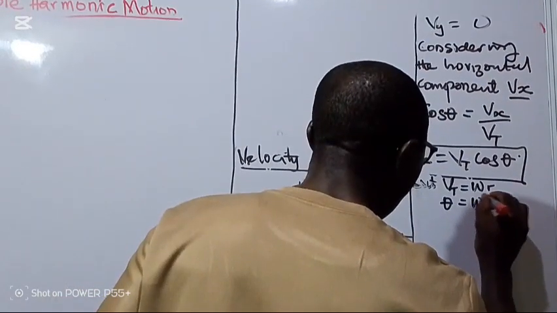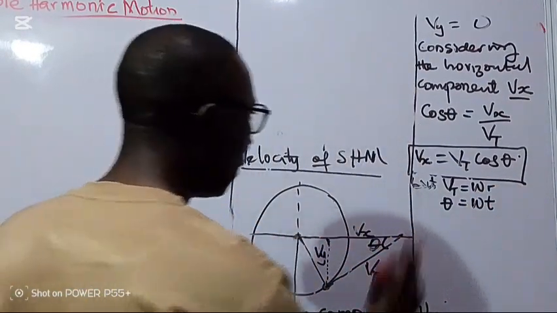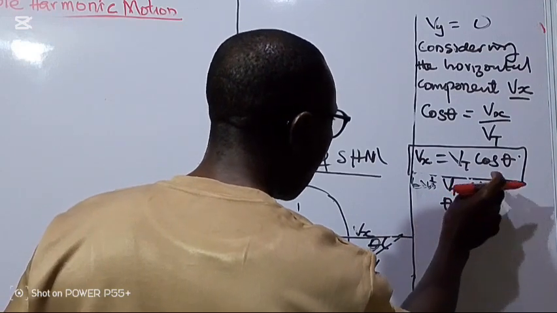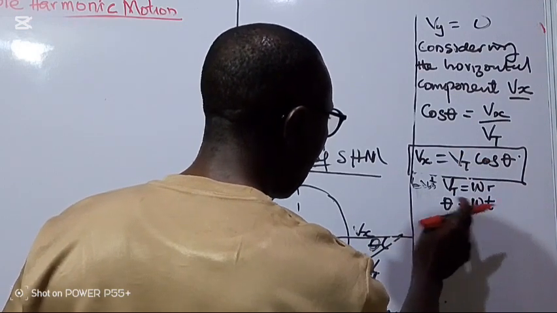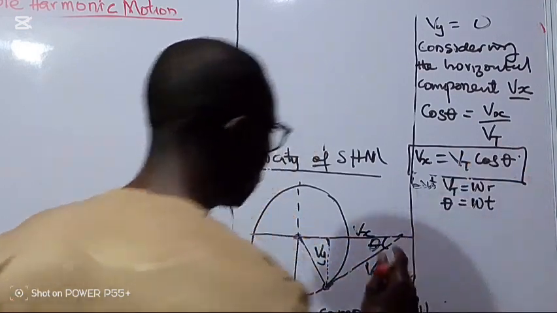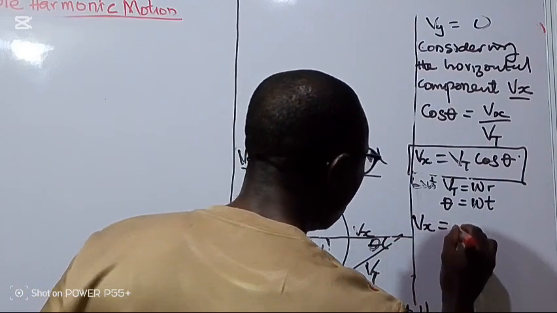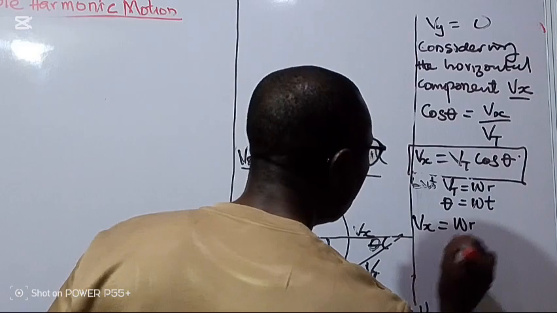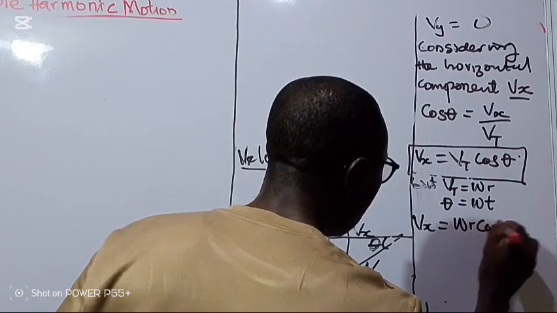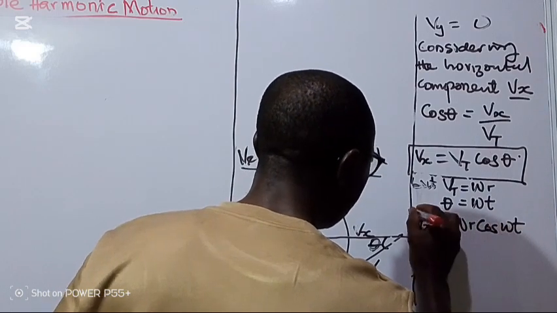Now substitute omega r for Vt and omega t for theta. We are going to have our Vs will be equal to omega r cos omega t. Note the formula again.